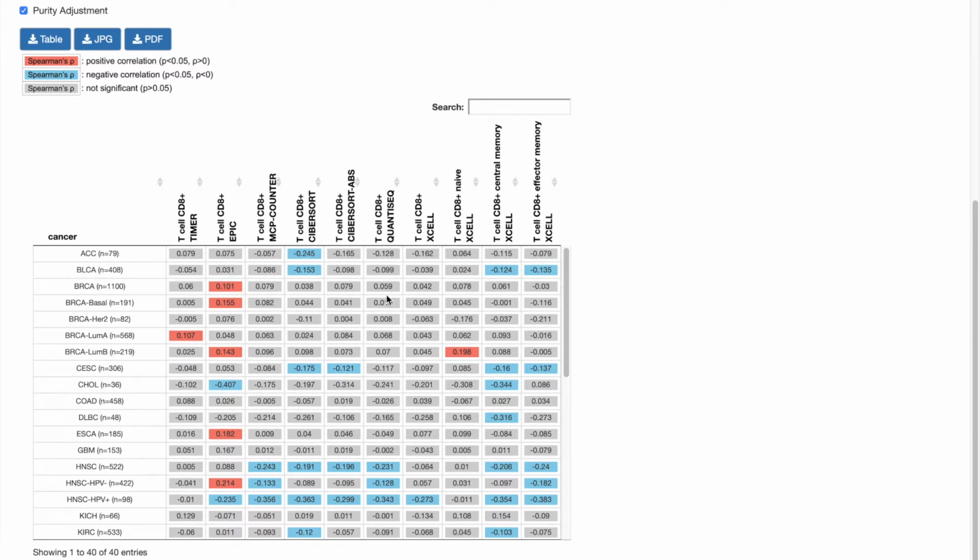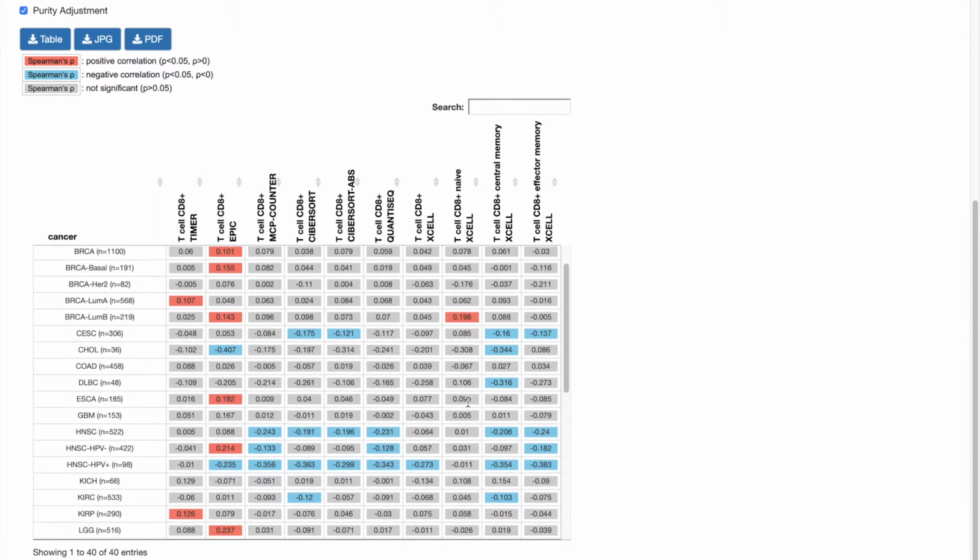And the values in this heat map are the partial Spearman correlation between the ARG1 gene expression and the CD8 T cell infiltration. And we also use the red color to indicate the significant positive correlation, and the blue color to indicate the significant negative correlation.